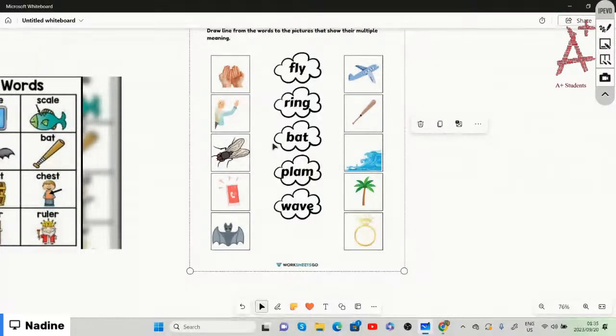Because remember, we said that multiple meaning words, it is where you will have maybe one word and it will have different meanings. So, fly.